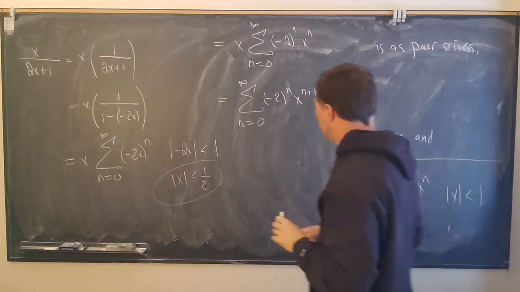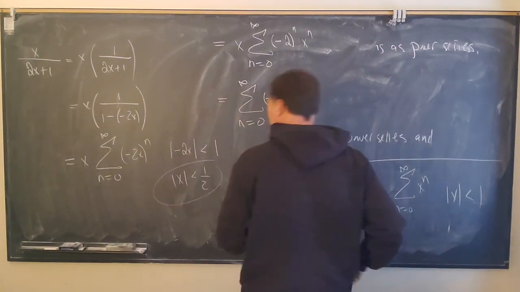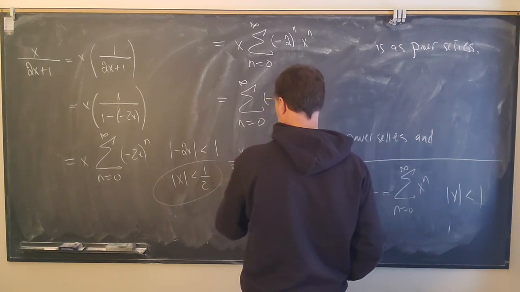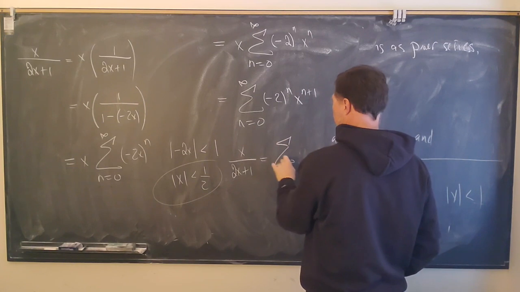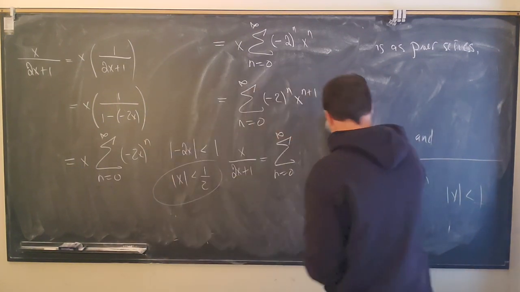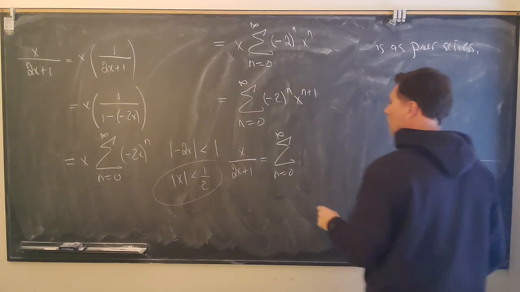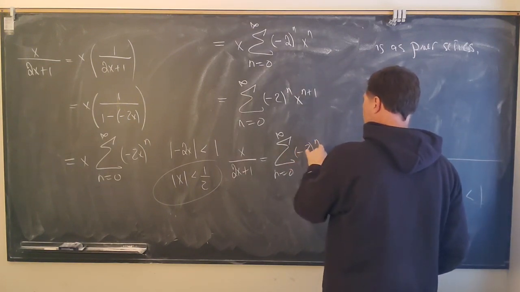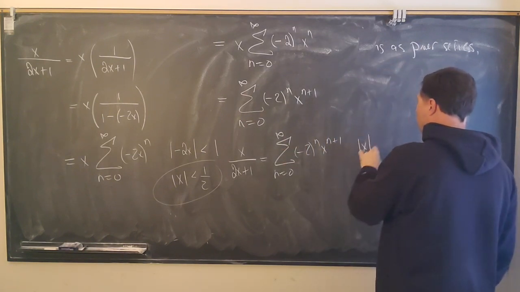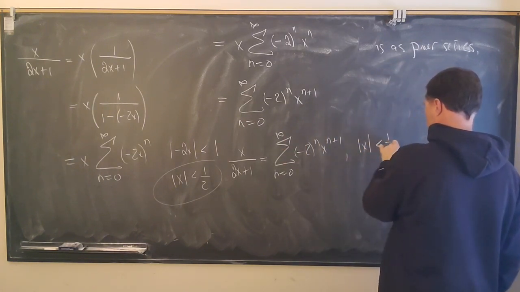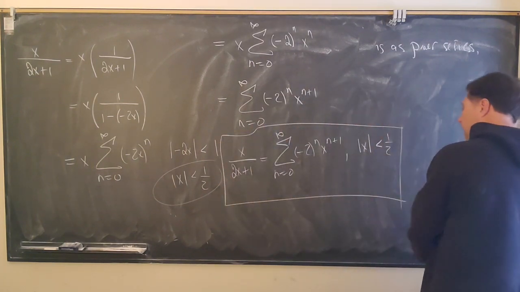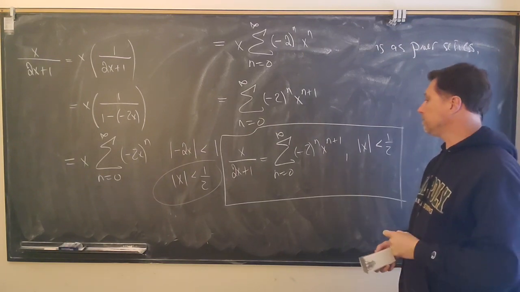And so let me collect what we have now. Final answer goes like this: x over 2x plus 1 is equal to the sum from n equals 0 to infinity of negative 2 to the n, x to the n plus 1, and this holds for all values of x for which absolute value of x is less than 1/2.